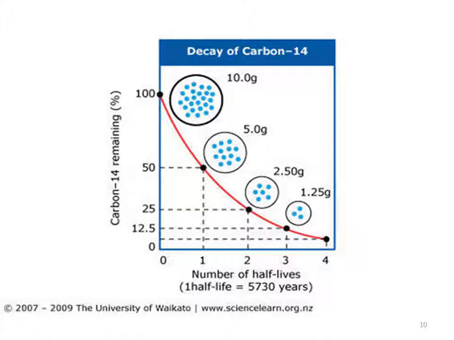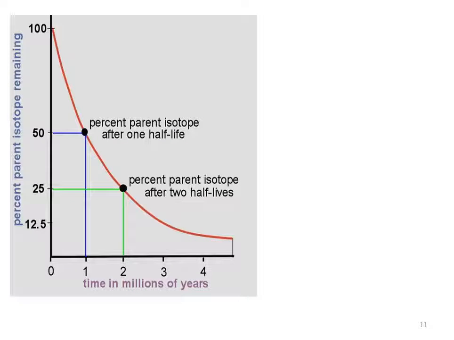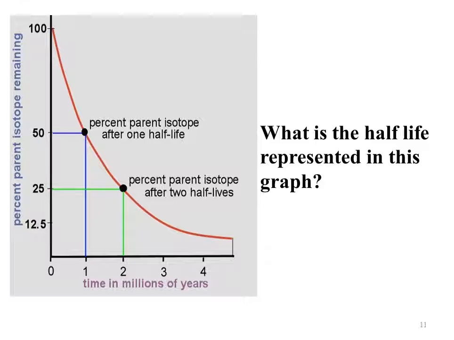Here's what that would look like in a graph form. So we would have number of half-lives on the bottom and then how much carbon remaining. And we're doing percent here. You could do grams. You could do something else. So take a look at this graph. Can you tell me what is the half-life of this particular isotope?